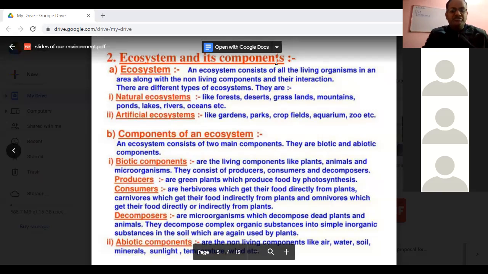So that becomes the ecosystem. Did you get it? It is a functional unit in the environment where there is a regular interaction between the living and the non-living components, and together they form a functional, self-operating unit. Is it clear to all of you?